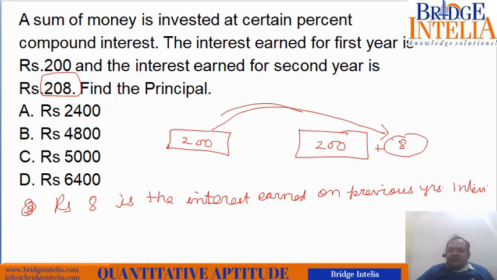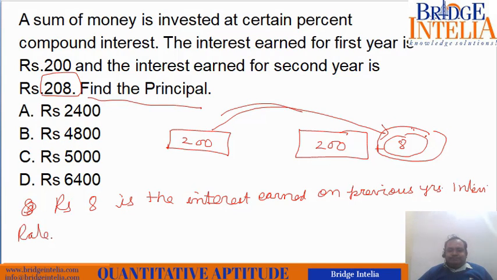Fine. So if we have to find the rate percent and the principal, before finding the principal, let's find the rate. You have to ask now, why did the bank give me this 8 rupees extra? The bank gave you 8 rupees extra because this 8 is the interest on 200.